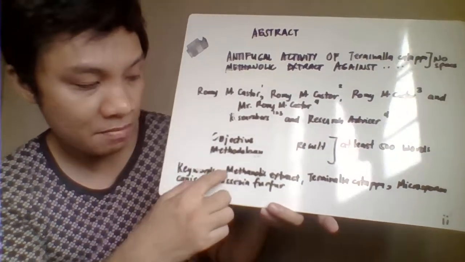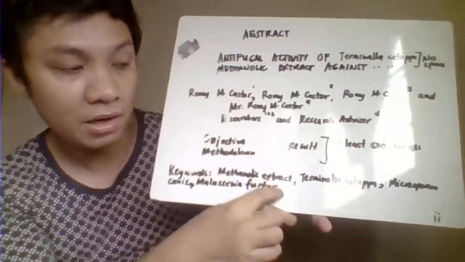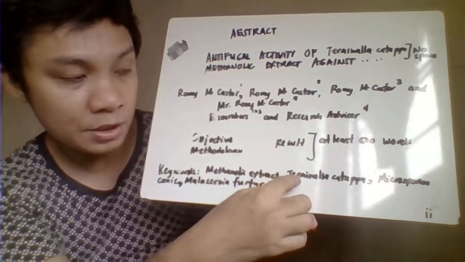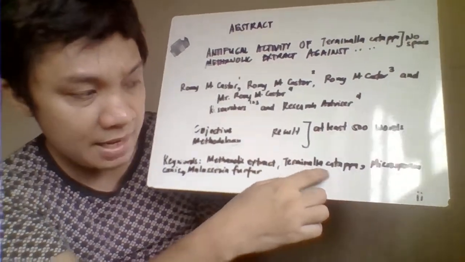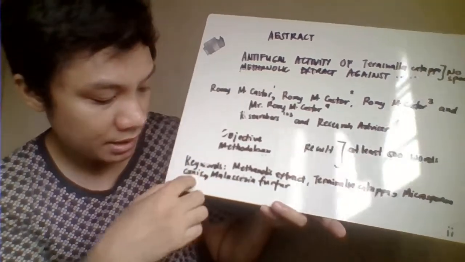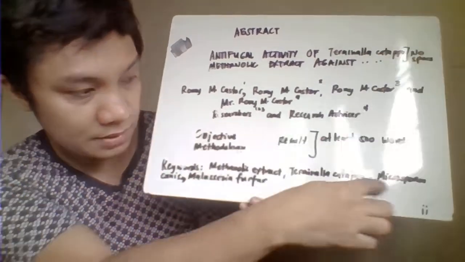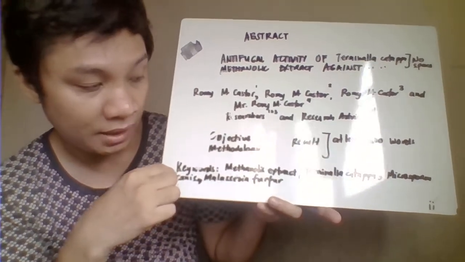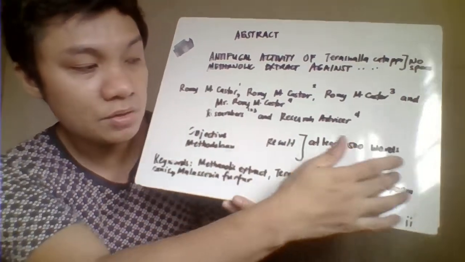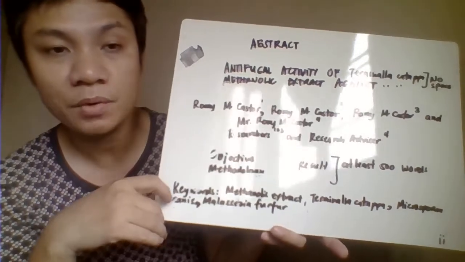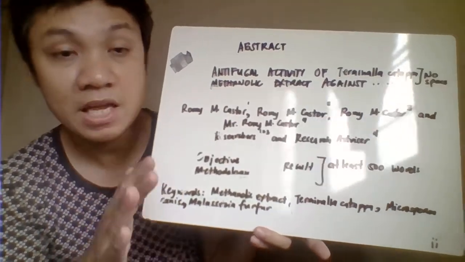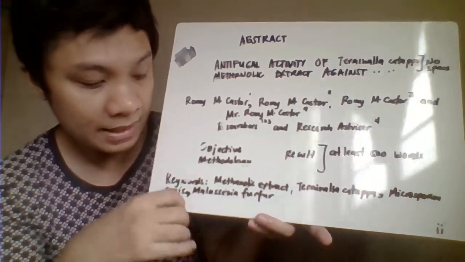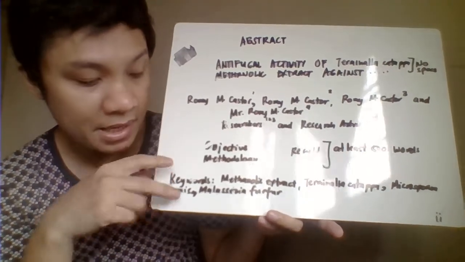Like for example, we have methanolic extract, comma, Terminalia catappa, comma, Microsporum canis. The next word should be aligned with the word keywords. Again, for the keywords, there should be approximately 5 keywords. And then you should have no space as well.